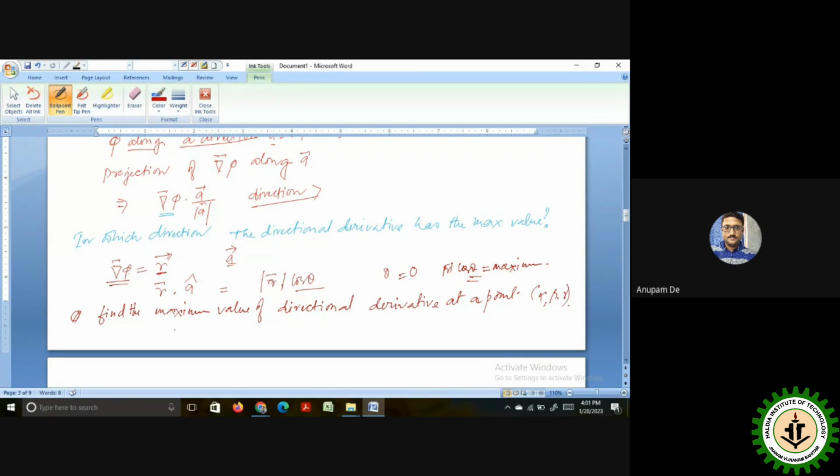In that case, you first find grad phi at alpha, beta and gamma, and suppose this vector you got as A. Then you need to find the unit vector along this direction, so you need to find A cap. This will be basically grad phi by mod of grad phi, and then you take the product A dot A cap. Whatever you get, that is your max value. Is it clear?